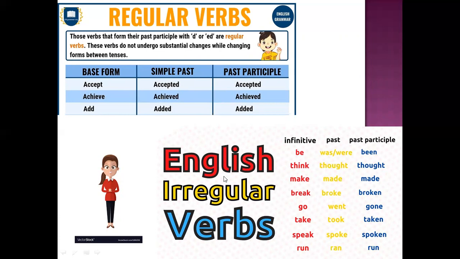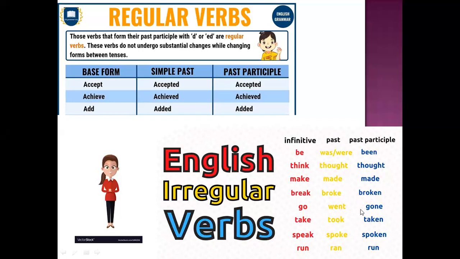Then what happens in irregular verbs? Children, in irregular verbs, you can't find a regular pattern when you are changing the base form into past and past participle. Let's have a look at these example words. Be verbs: was, were, being. Think, thought, thought. Make, made, made. Break, broke, broken.